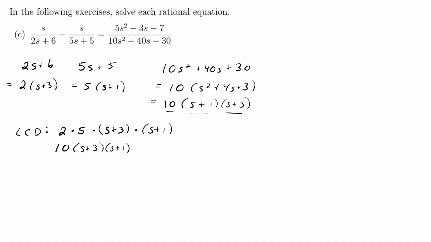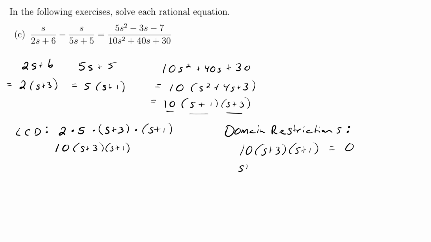But this is something I kind of alluded to before: we also are going to see that we have a domain restriction, right? So I can't divide by 0. So when we're doing rational equations, and we'll even talk about this with rational functions, we're going to have some domain restrictions because we can't divide by 0. So we're going to set that LCD equal to 0. So 10 times s plus 3, s plus 1 equal to 0.